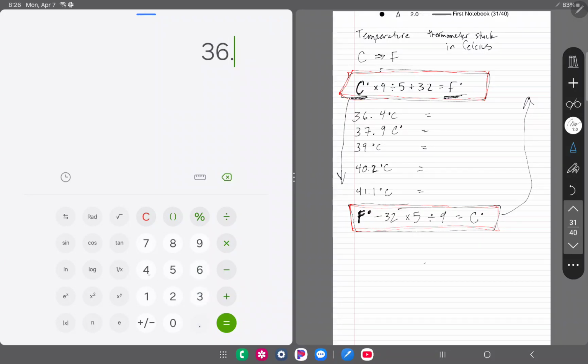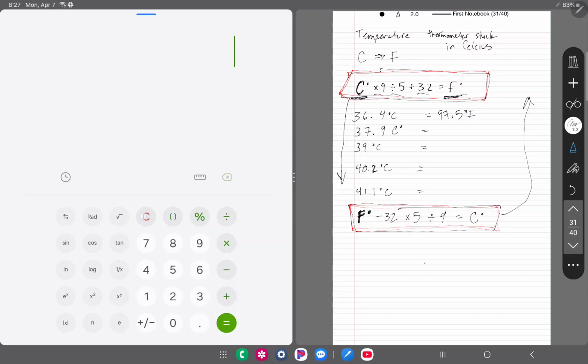The first one is 36.4. And we just follow our formula. Times 9 equals, divided by 5 equals, plus 32 equals 97.5. All right.